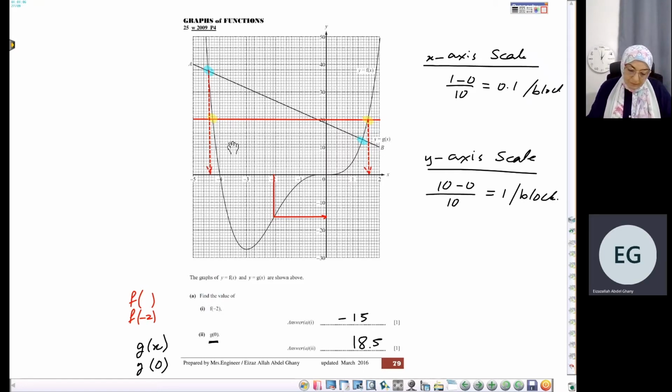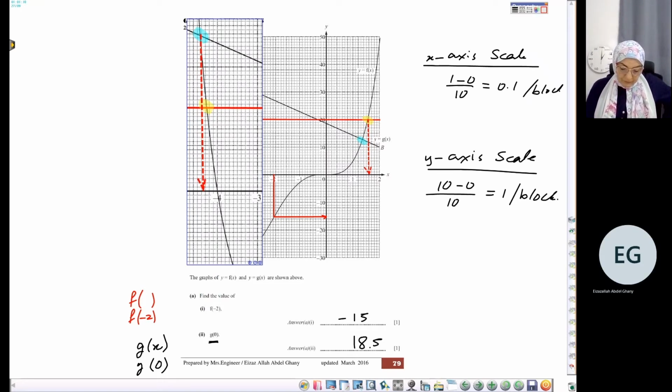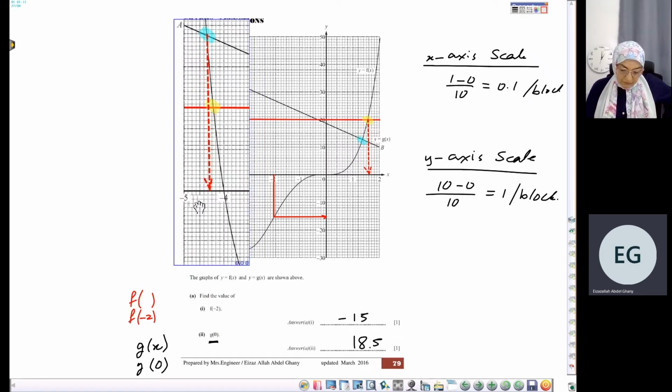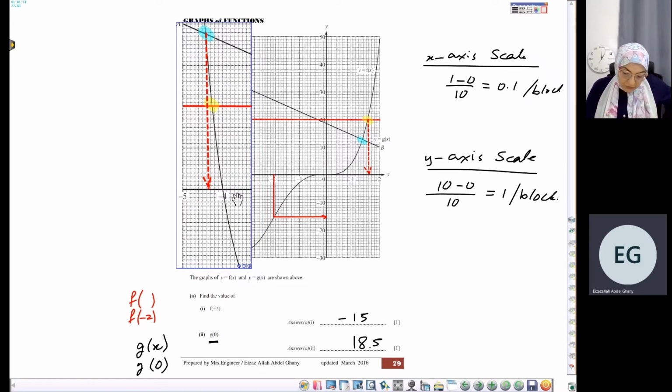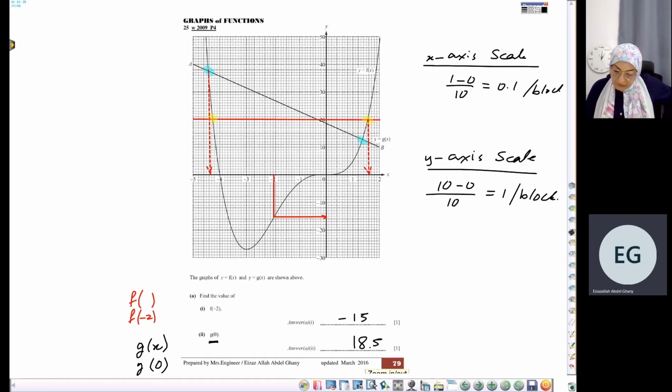Zoom in. This point is between -4 and -5. So it is before -4 by 1, 2, 3.5, so -4.35. And on the positive side, there is another point.